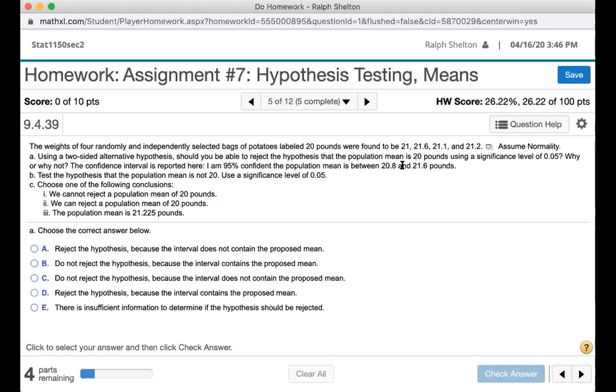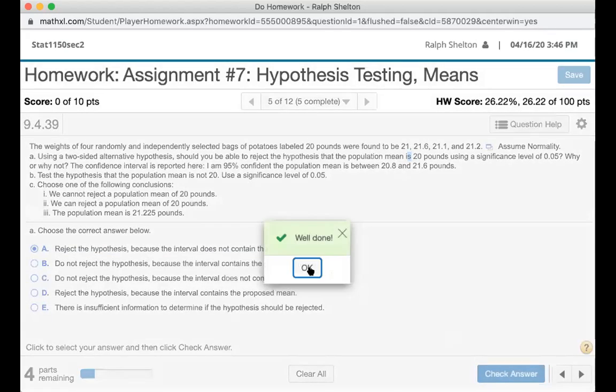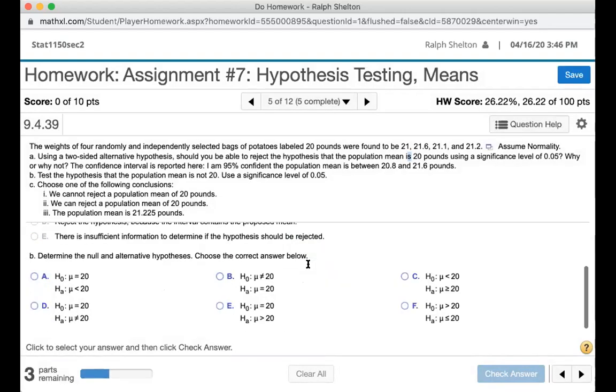And you look and say, no, 20 doesn't fit inside this interval. Since it's not in the interval, you reject it. Two of these answers say reject, because the interval does not contain the proposed mean, 20. That's true. That's what we want. So check answer. Good deal, we move on.